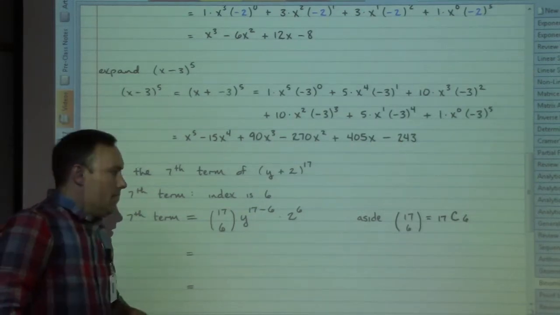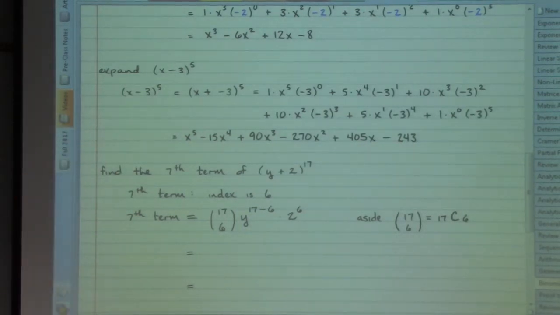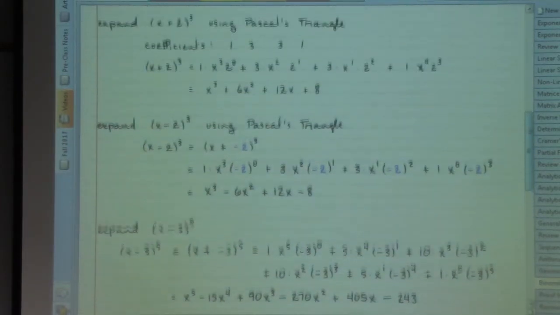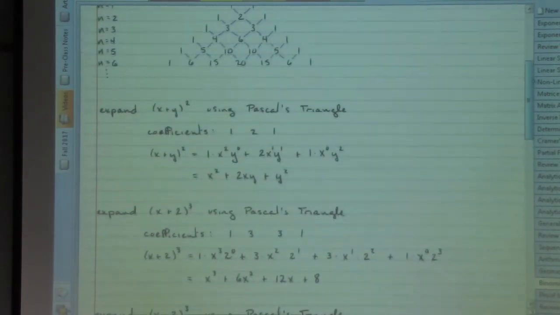So we can use our calculator as long as our calculator has that combination notation available to it. Let's go back and look that formula up, because I don't remember it off the top of my head quite yet.